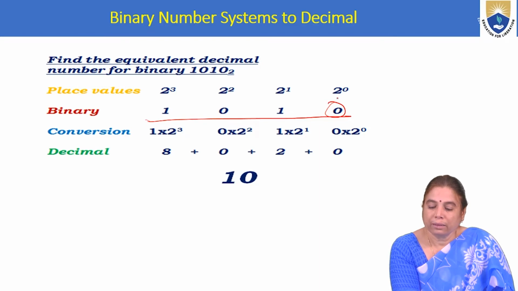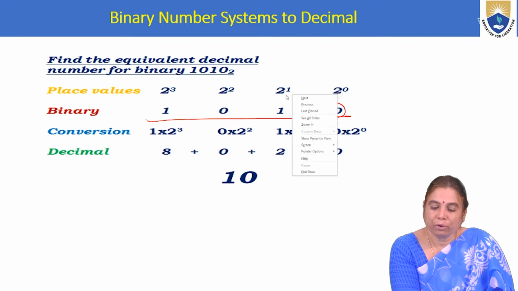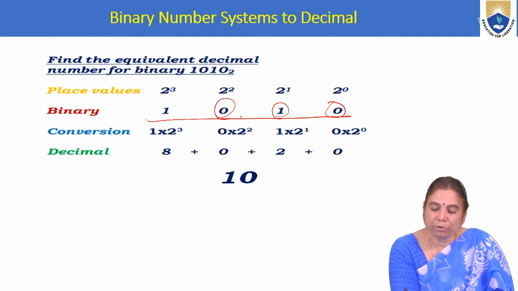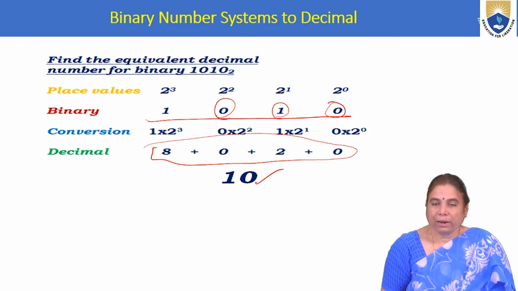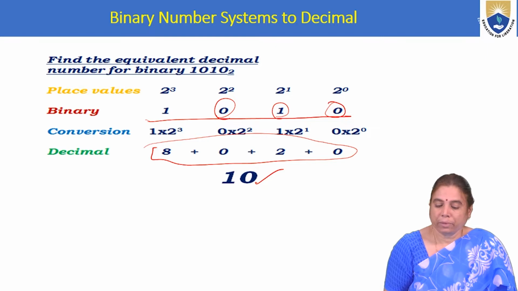So this bit has the positional value 2 power 0, 2 power 1, 2 power 2, 2 power 3. So you calculate 0 into 2 power 0, 1 into 2 power 1, 0 into 2 power 2, 1 into 2 power 3. After adding these values, we get 10, which is the decimal equivalent of the binary number.